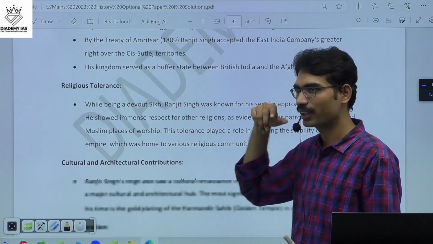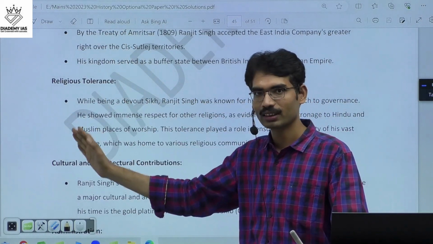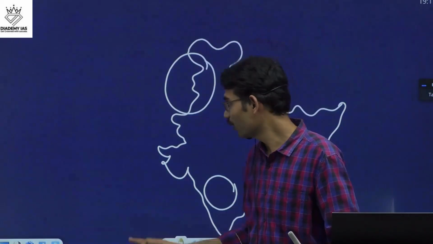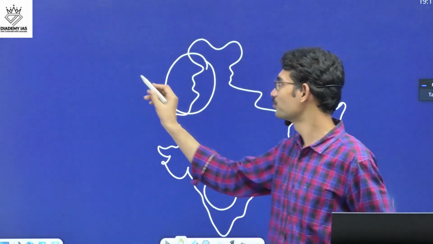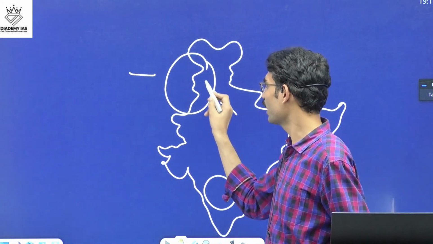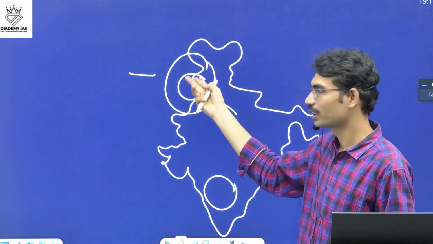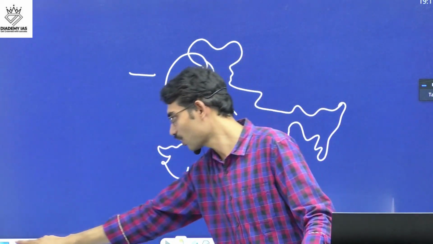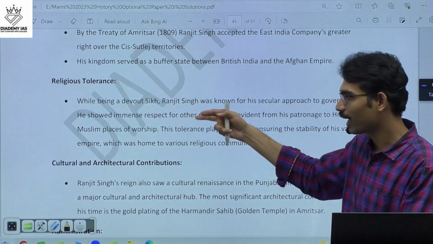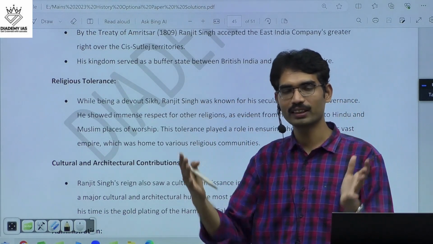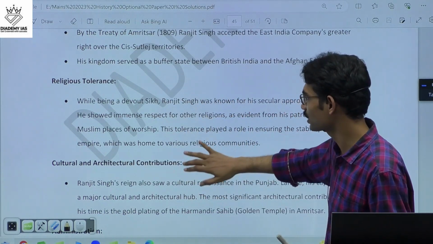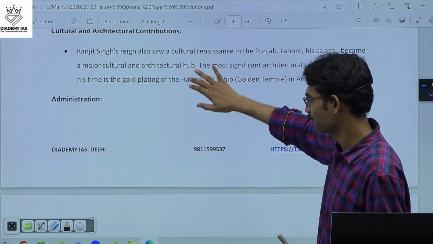And religious tolerance, because it was an area with Islam on this side, Hinduism on this side, and Sikhism on this side. So with this combination of religions, he had to follow religious tolerance policies. Likewise, he consolidated his empire. So this is one of the straightforward questions.